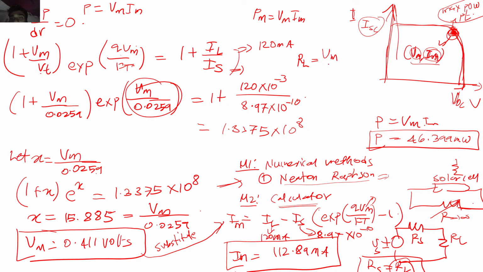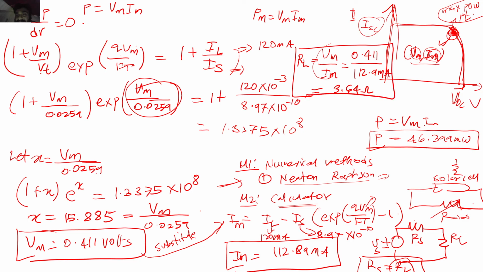This load resistance is Vm upon Im, which is the condition for the maximum power transfer from the solar cell to the load resistor. If you calculate this ratio, 0.411 divided by 112.9 milliamperes, then this load resistor value comes out to be 3.64 ohms.